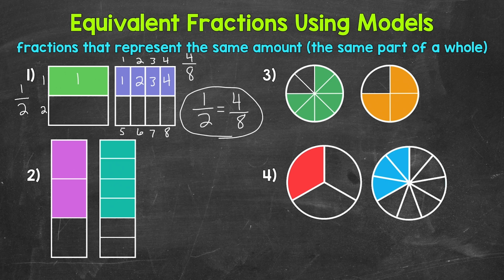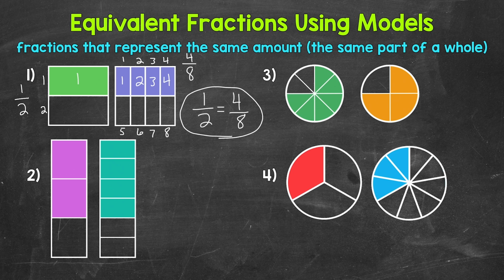Let's move on to number 2, where we have two rectangles that are the same size. And we can see that the same amount of each rectangle is shaded in. But each of those rectangles has been divided into a different number of equal parts. So we're going to have equivalent fractions here. Let's write out those equivalent fractions, and we will start with the rectangle on the left.